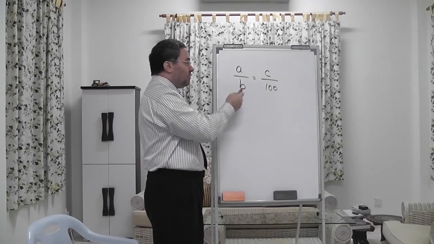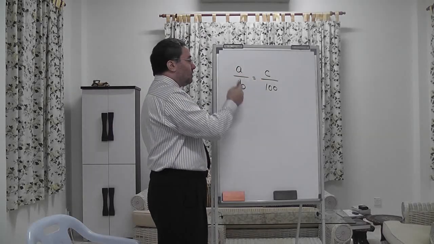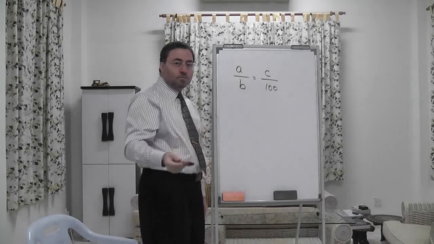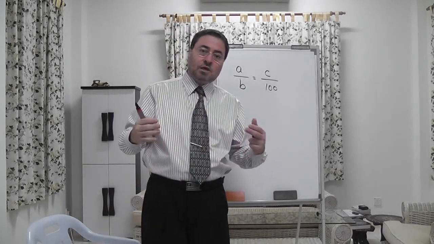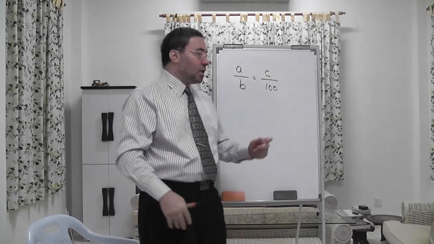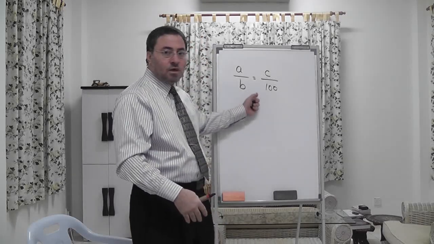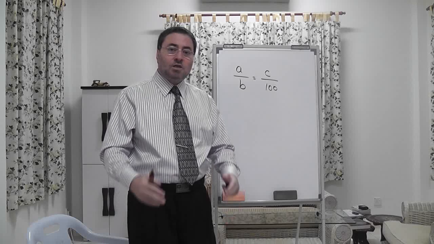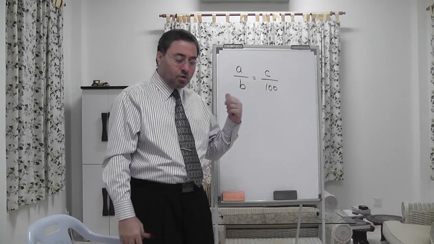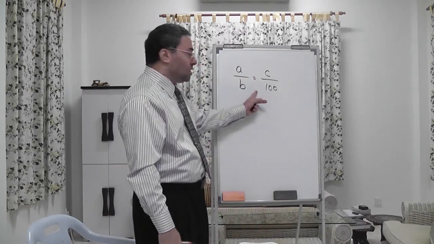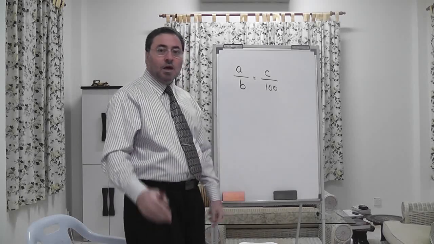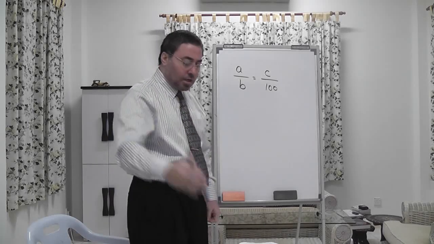You'll be given A and B, get C, or B and C, get A, and so on. So if you are not very good at percentage problems, you can always come back to this equation and solve all your problems with it. That's what we are going to do now. But later on, as we go on, we are not going to use this all the time. We will go into the shortcuts.